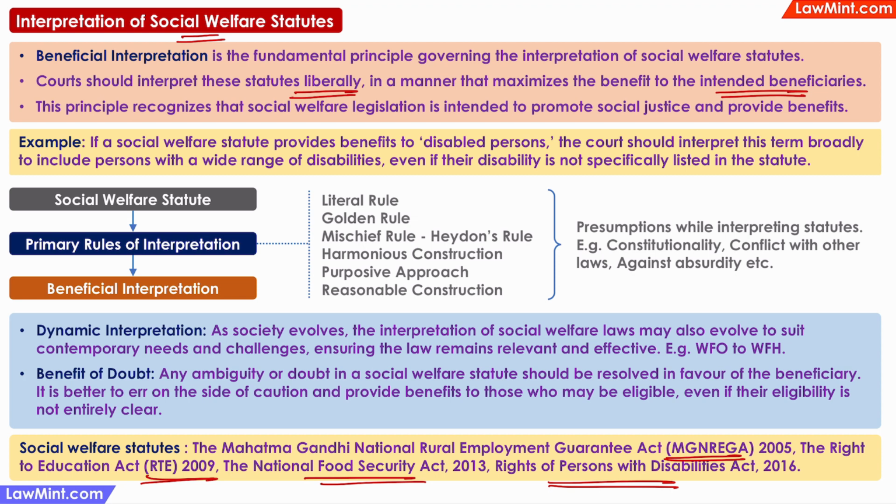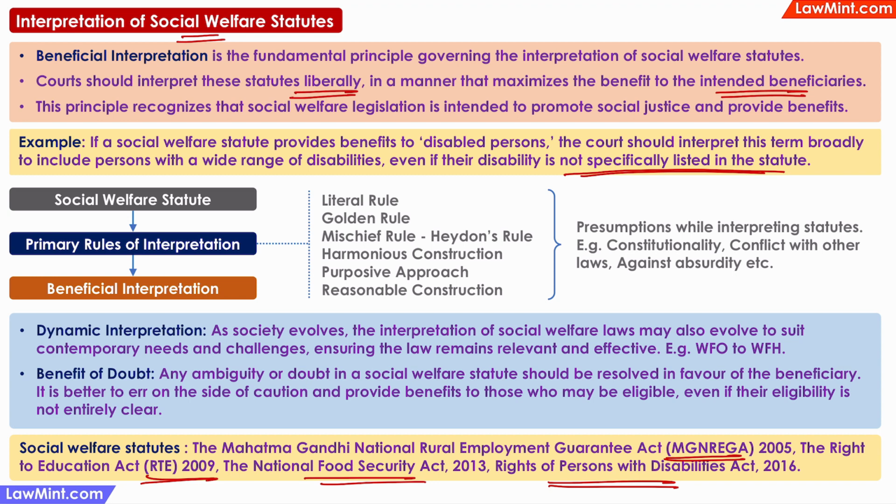For example, if there are some benefits that are to be extended to people with disabilities, and there is a question about some disabilities that are not specifically listed in the statute, then the court can use common sense and reasonable construction to see if the disabilities in question should be covered under the statute or not.